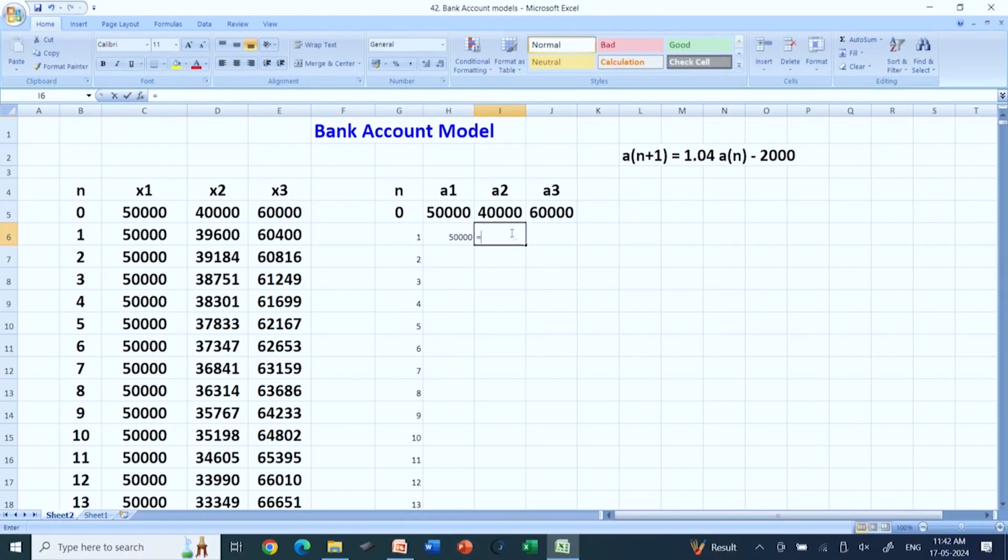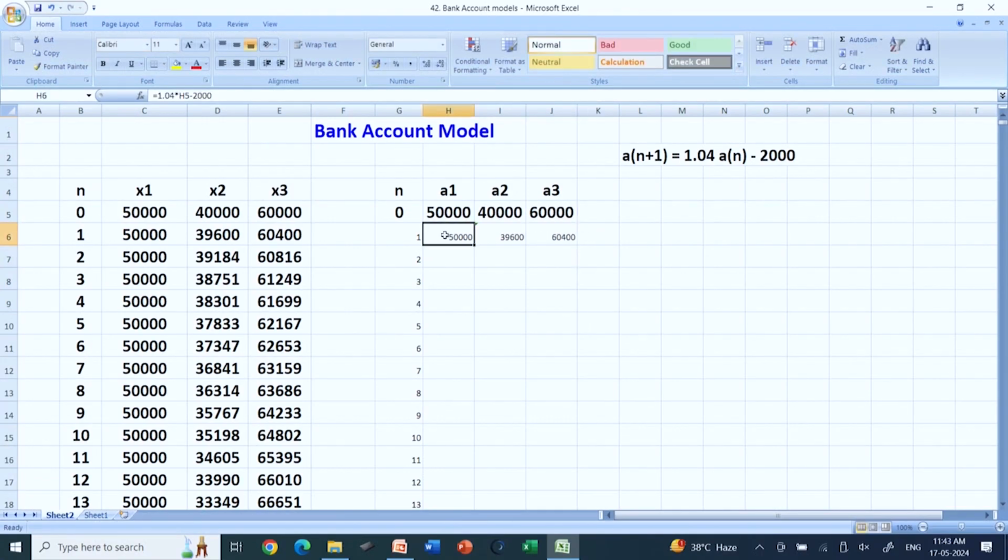Here also it is equal to 1, that is your initial value A0, multiplied by 1.04 minus 2000, and here 1.04 multiplied by the initial value of 60,000 minus 2000.